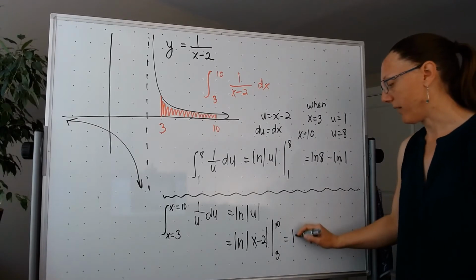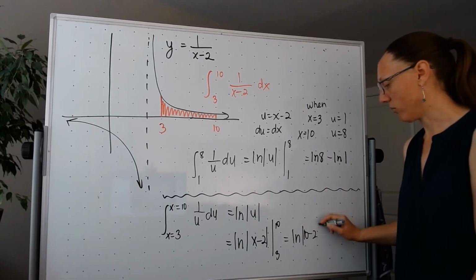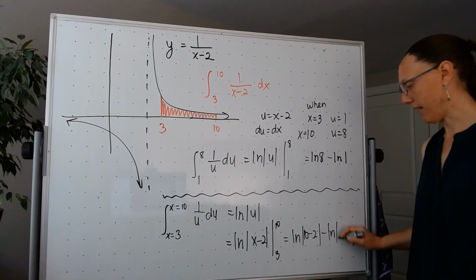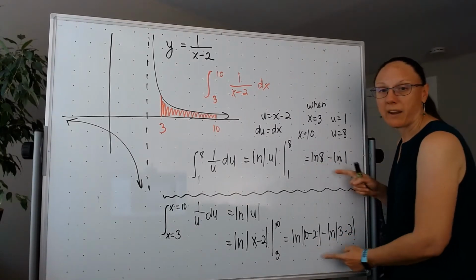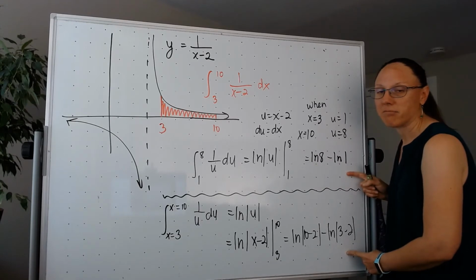Now when we do that, we'd have natural log of 10 minus 2 minus natural log of 3 minus 2. And notice numerically, we end up in the same place.